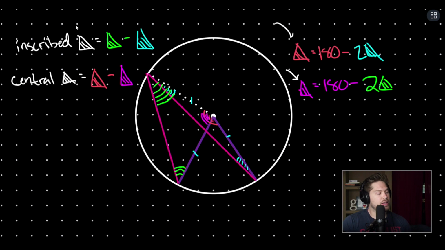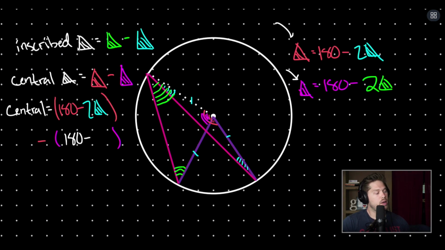Well, I'll have that my central angle is my red angle, which is 180 minus 2 of my blue angles, and then I will subtract my purple angle, which is 180 minus my 2 green angles.